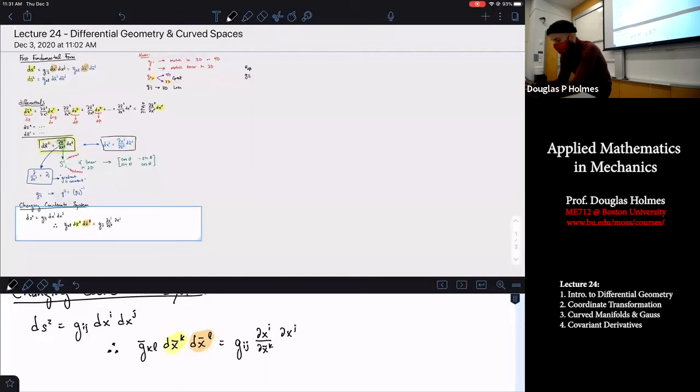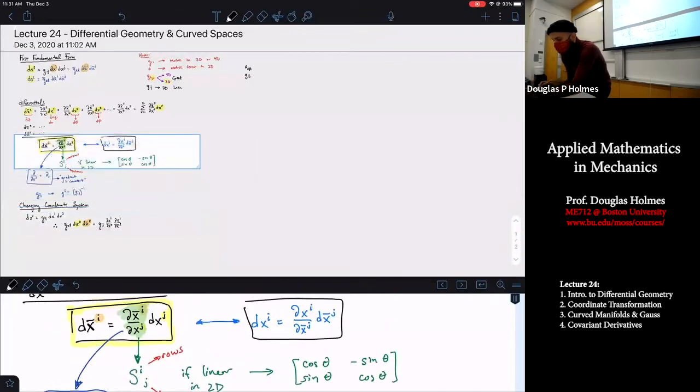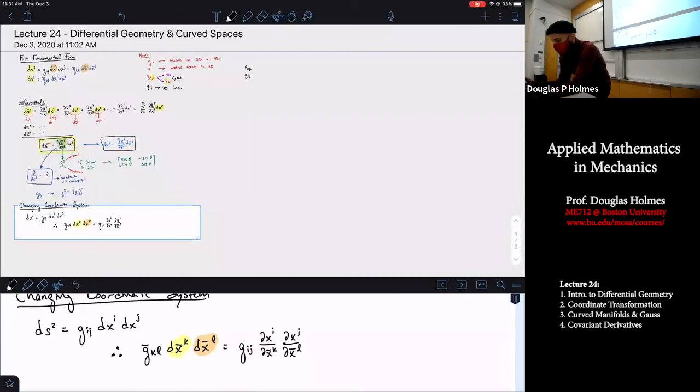J contracts with this j, i contracts with this i, divided by dx bar L. And now the only thing we left off are these little differentials, and we're just going to tack those on at the end. So we have dx bar k, dx bar L.